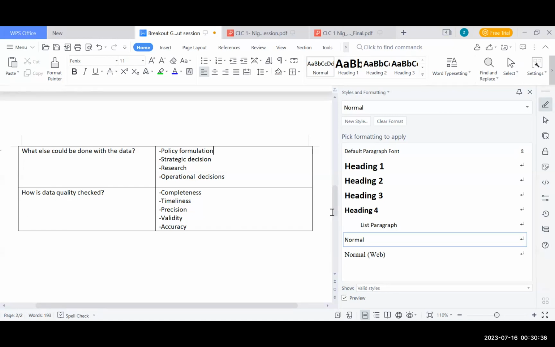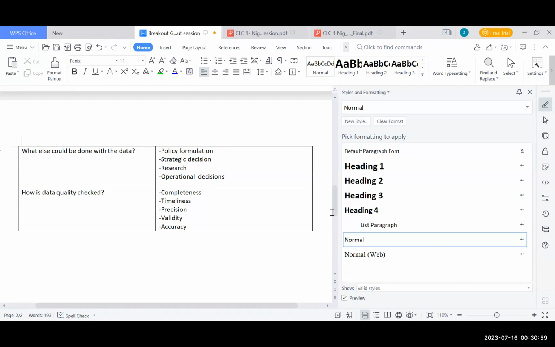And so you find out that some days they are not coming to that place. So what's the problem? You do research on that and you come up with a strategic decision. Probably there are some drugs that they come to pick up and they're not available. So you have to make a strategic decision on that. You also do research with data and you also do operational decisions.